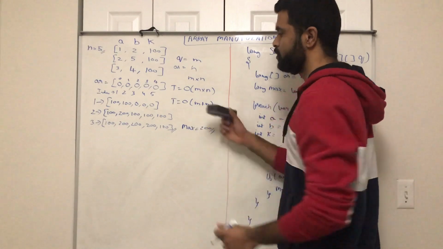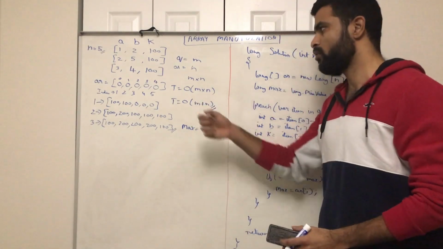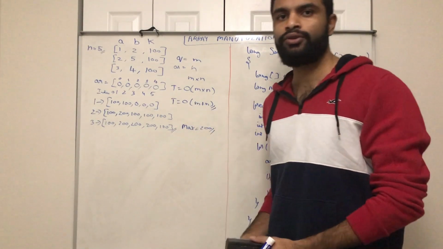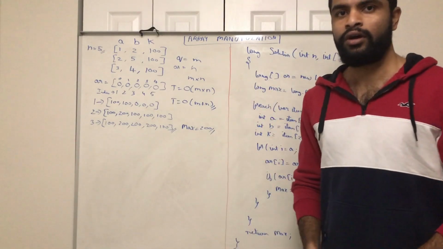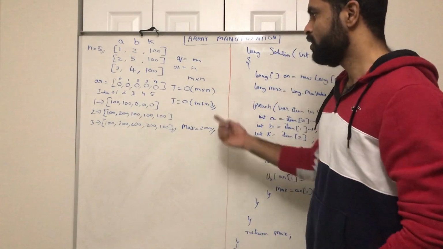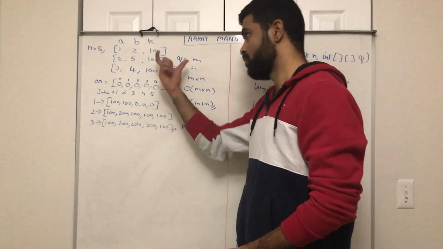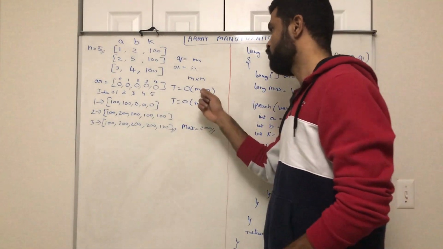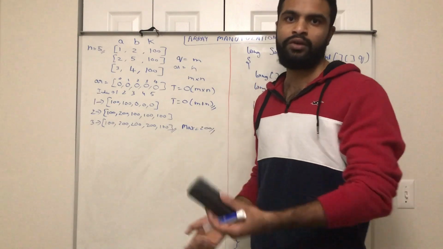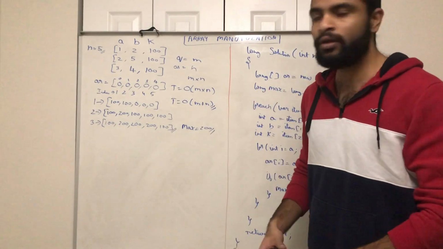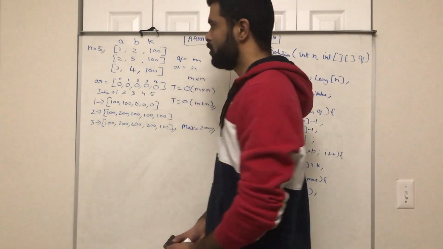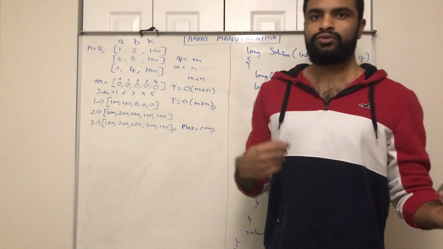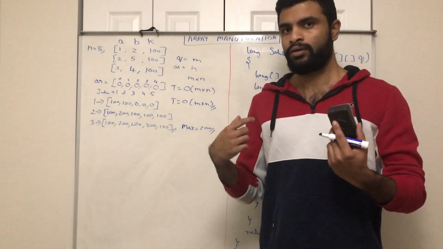So this is the efficient solution for this problem. I will explain how you can approach it. So let's see how we can solve this in time complexity big O of m plus n instead of big O of m into n, which is way more than m plus n. Okay. So solution 2, which is the efficient one.